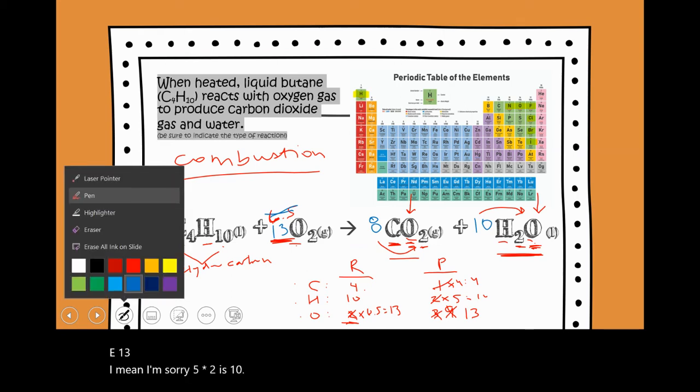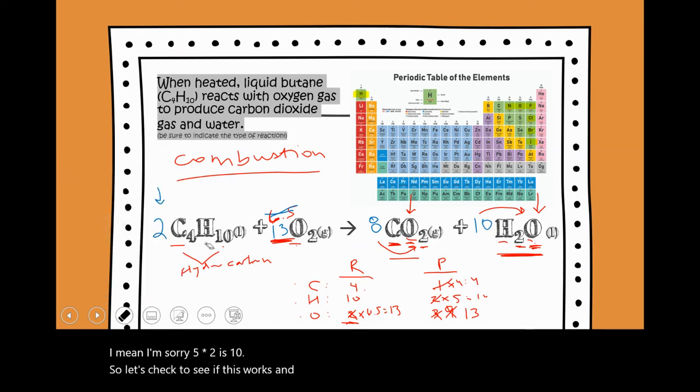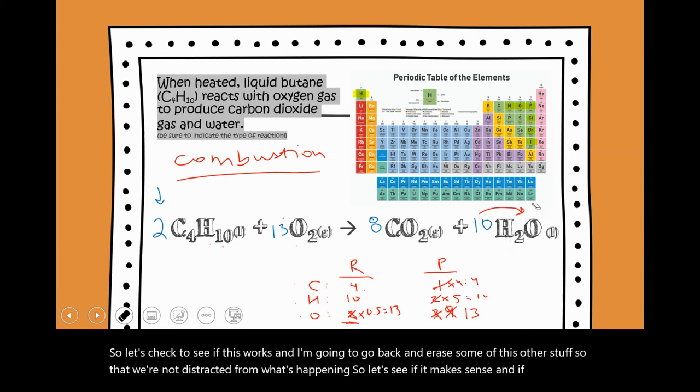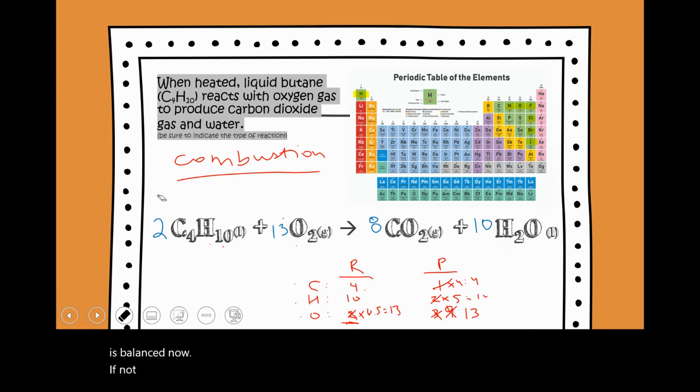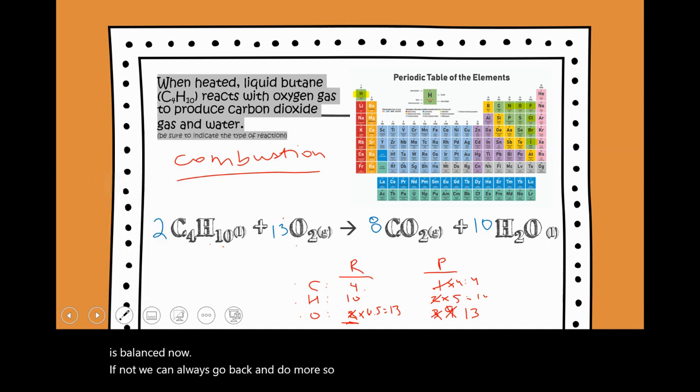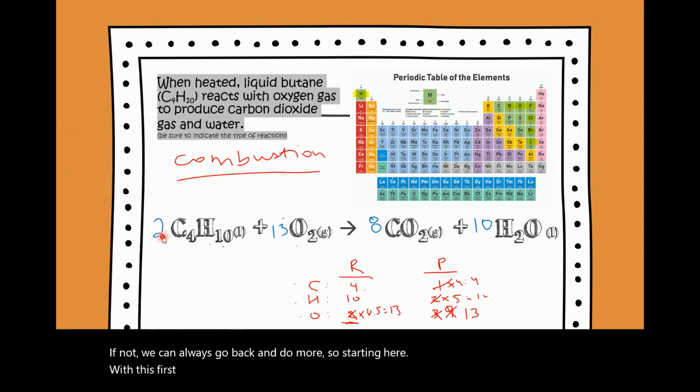So let's check to see if this worked. I'm going to erase some of this other stuff so that we're not distracted from what's happening. Let's see if it makes sense and if everything is balanced now. If not, we can always go back and do more. Starting with the first part, we have 2 times 4, which is 8, so that's 8 carbons.